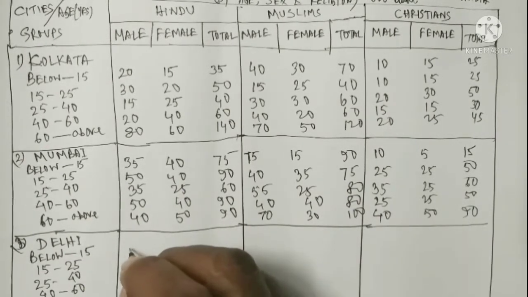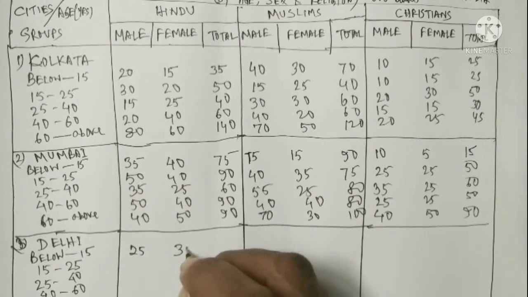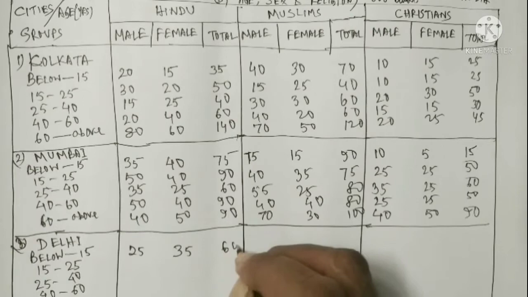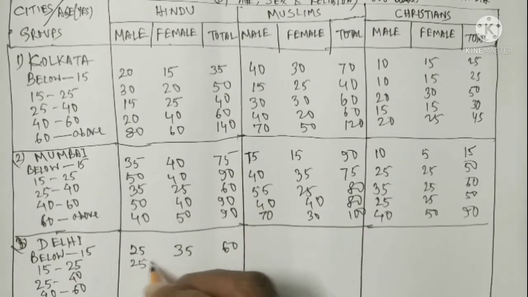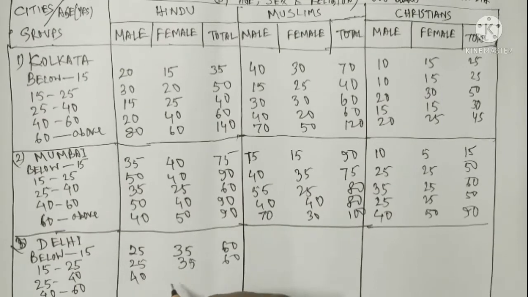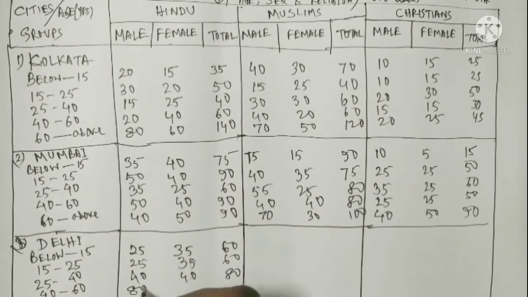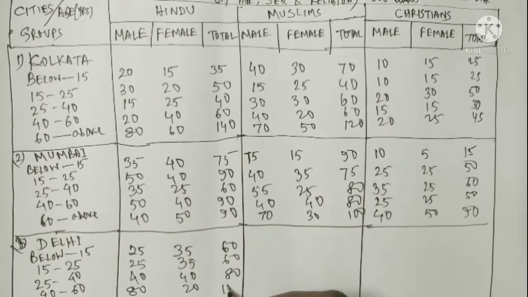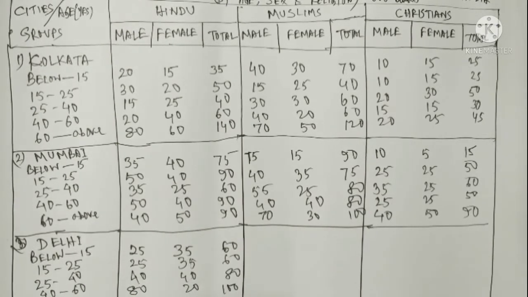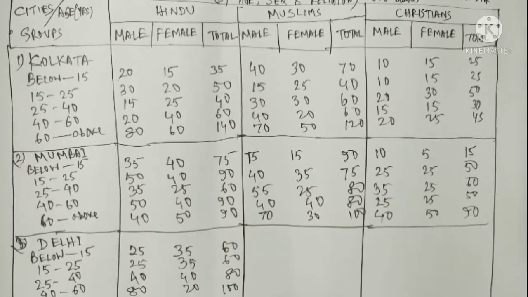And in the Delhi category, 25, 35, 60, 25, 35, 60, 40, 40, 80, 80, 20, 100, 75, 75, 150.